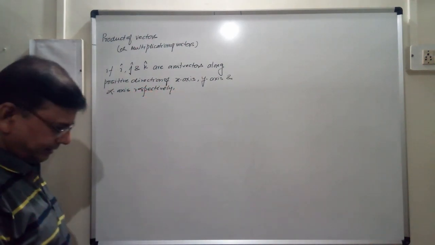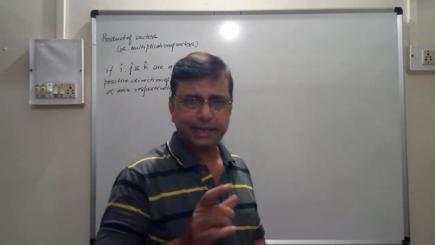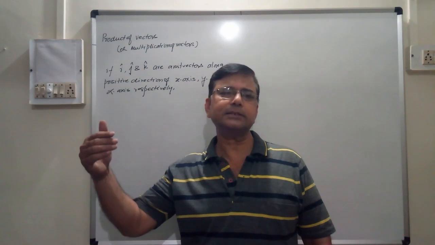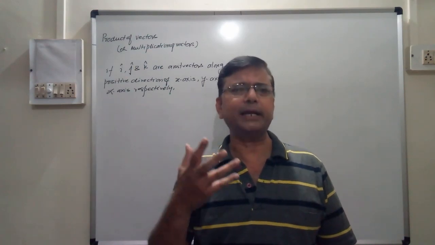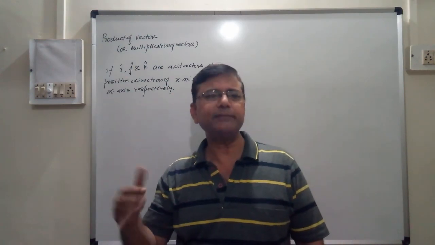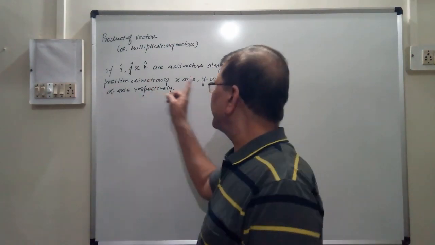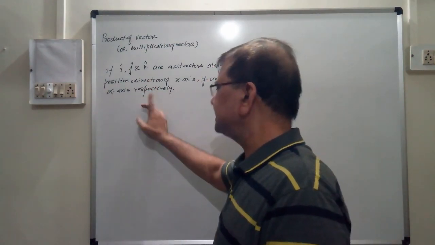Okay. These are the three vectors I, J, K. They are unit vectors, and I have taken these vectors along the positive directions. It is the customary convention. These unit vectors are chosen in the positive direction of the x, y, and z axis respectively.